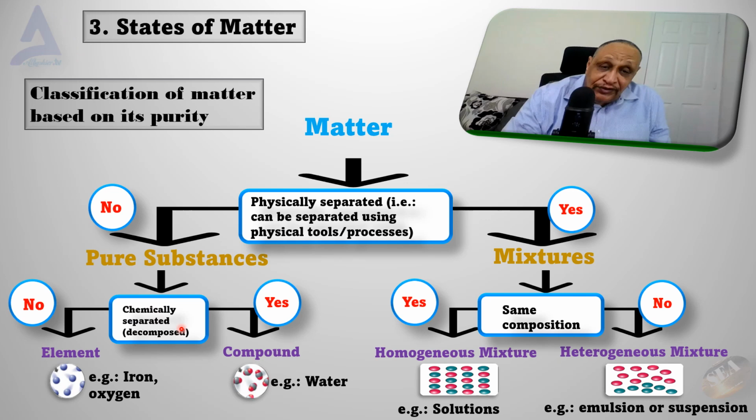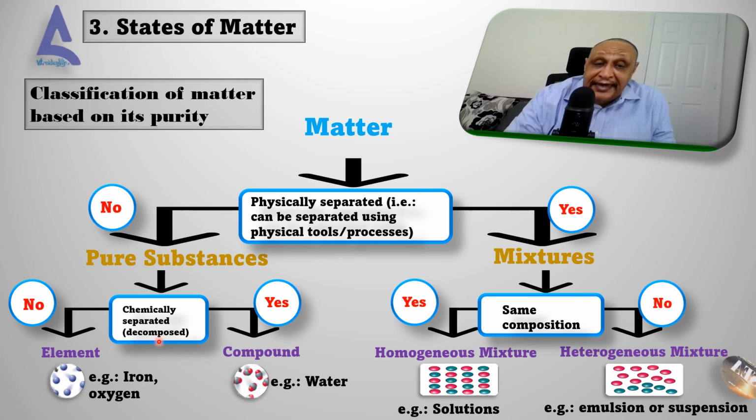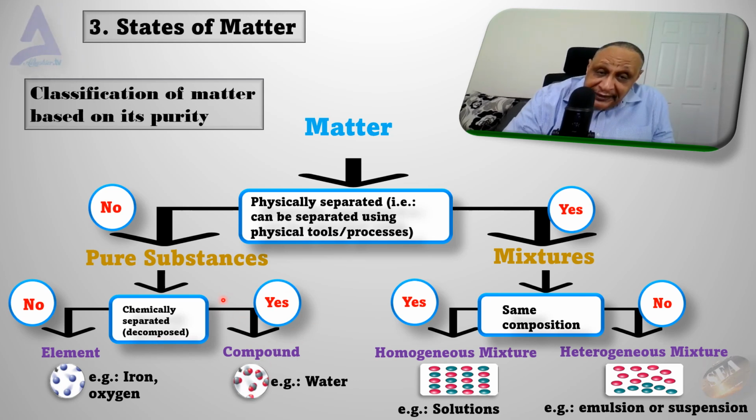Since I use the chemical, I'm going to try to use a chemical way in order to decompose the unknown substance. If the unknown substance is decomposed, that means it broke down into different pieces, that means yes, it works.